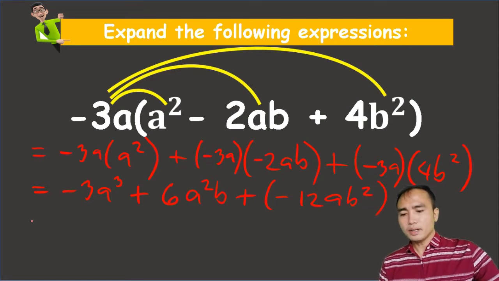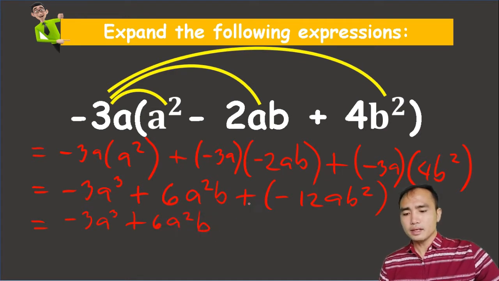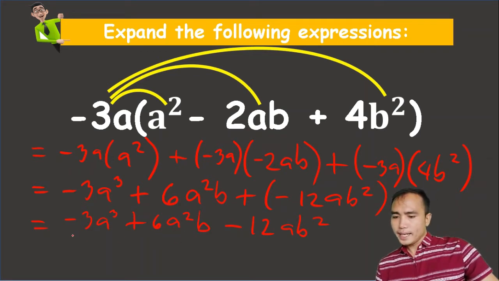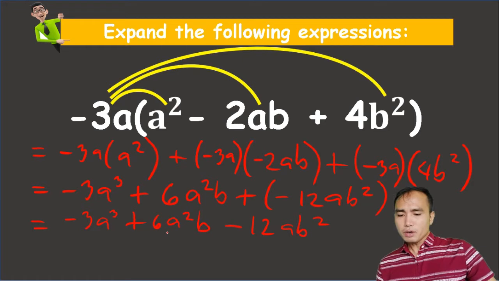Okay, next, remove the parentheses here. So negative 3a cubed plus 6a squared b, then positive times negative is negative 12ab squared. Okay? So can we combine 6a squared b and 12ab squared?